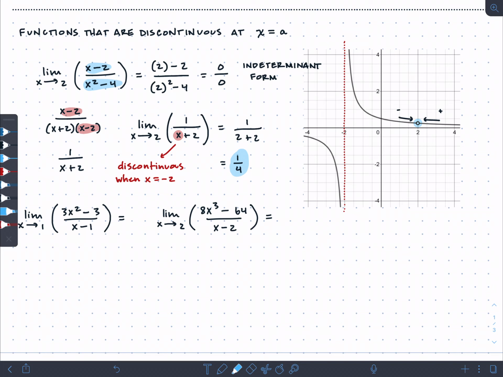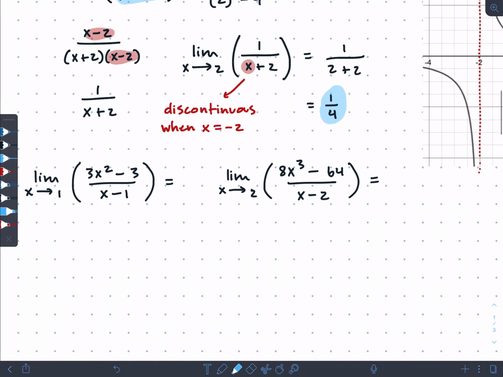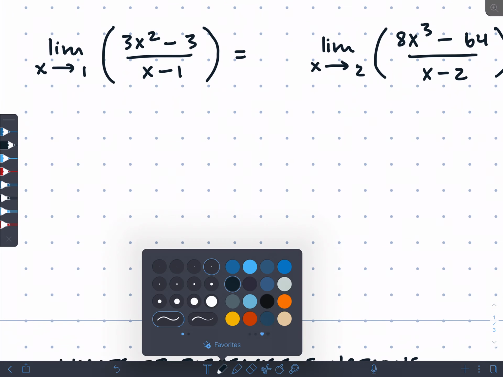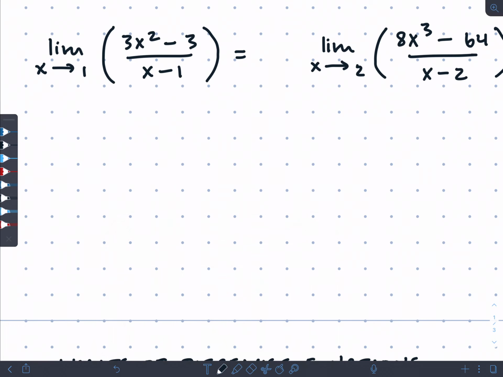So we have a couple other examples here that will end up being functions that are discontinuous. So for example, I'm going to zoom in here, and I'm going to make my pencil smaller.